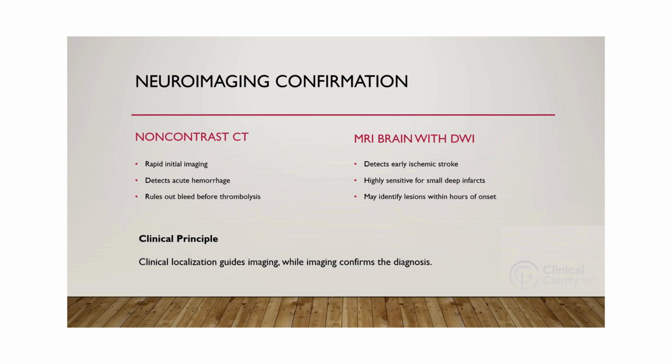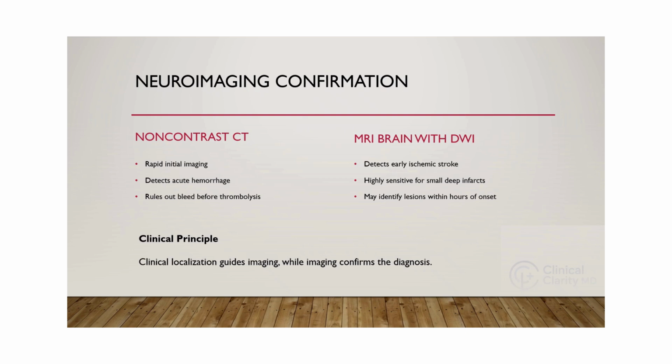However, small deep ischemic infarcts may not be visible on an early CT scan, and in such situations, MRI of the brain with diffusion weighted imaging is far more sensitive and it can detect acute ischemic lesions within hours of symptom onset, particularly small lacunar infarcts located in deep motor pathways. So, while clinical examination provides the localization clues, neuroimaging confirms the diagnosis and defines the pathology more precisely.